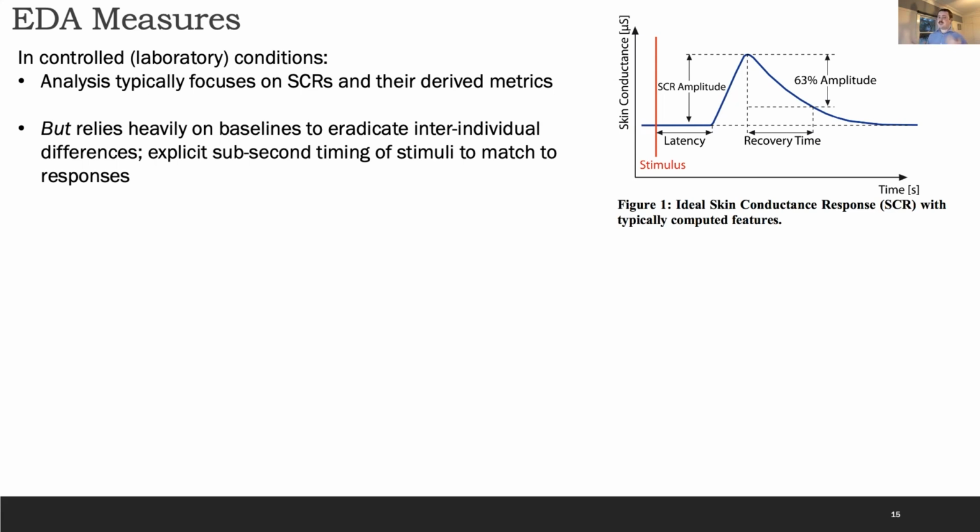You'll also see huge differences between individuals. So you need to be able to record many skin conductance responses to similar stimuli, to understand what an individual's response looks like. But more importantly, you have to know what they're responding to. And you need to know the sub-second timing of stimuli. So that's why that type of research is typically restricted to the lab, where you have a very controlled environment where you can measure as many things as possible.